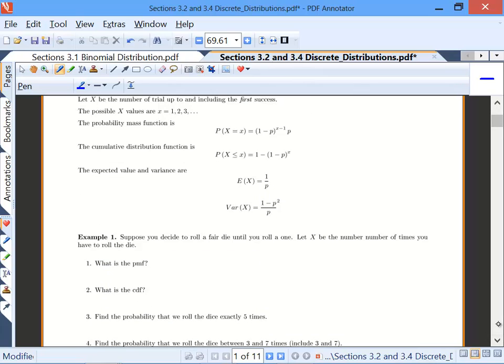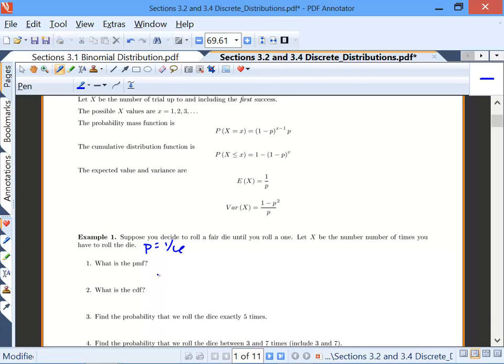So let's suppose you decide to roll a fair dice until you roll a 1. Let X be the number of times you have to roll the dice. So first of all, what is the PMF? What's the only thing I need to know to actually write my PMF? Just the probability. So what is p? 1/6, since it's a fair dice.